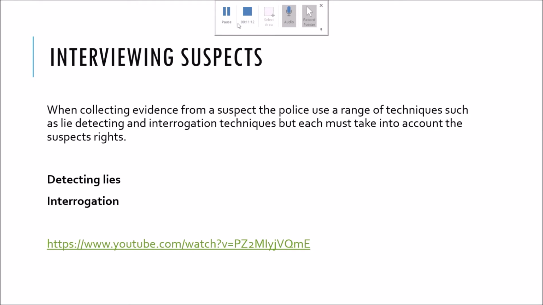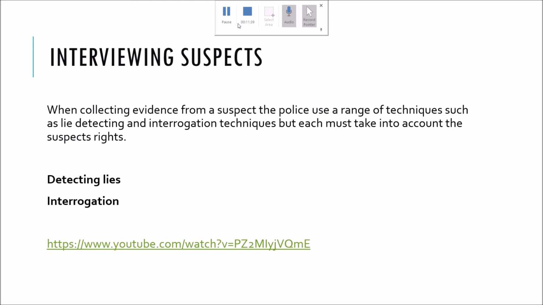Each of these are usually done under some kind of caution, as I mentioned earlier, a police caution. So it is not necessarily compulsory that you answer these questions, but there will be consequences if you don't answer the questions, and any evidence that comes across in your answers, and even the fact that you've refused to comment on them, can be used as evidence.